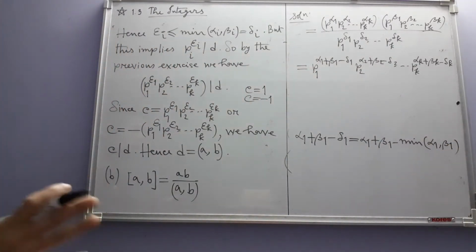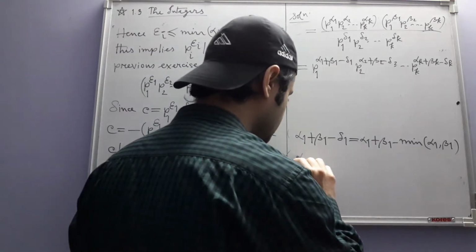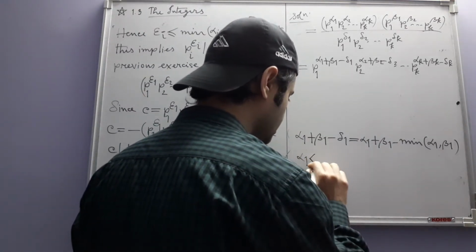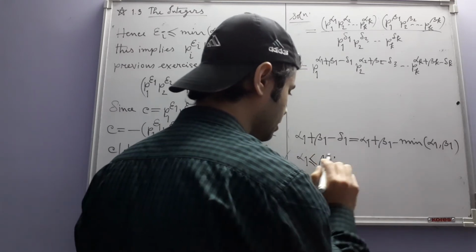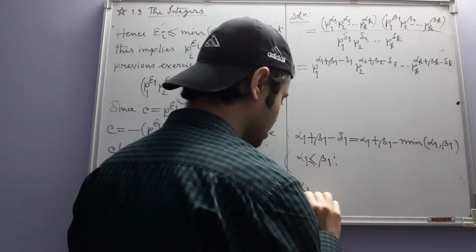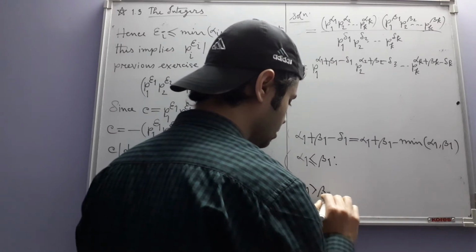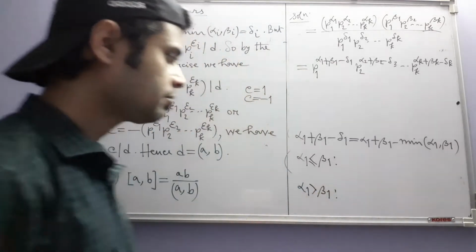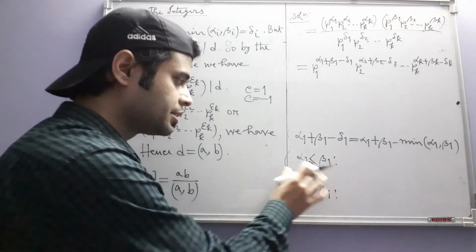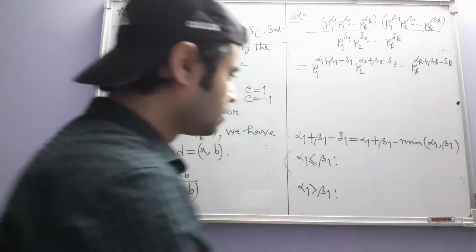Now regarding this, there are two cases. One is alpha 1 is less than or equal to beta 1, and the other one is alpha 1 is greater than beta 1. In the first case, what is the minimum? Alpha 1.